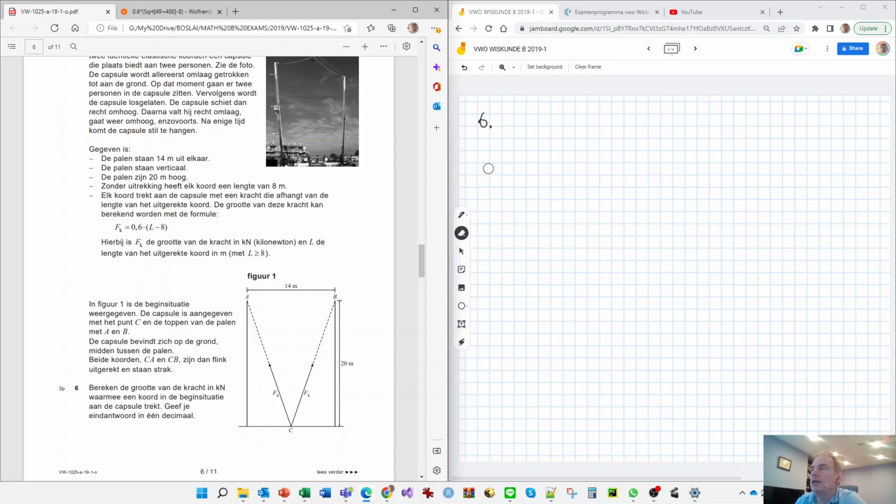Well, we just have to apply this equation here and figure out what L is. See, this L is of course increasing because you're stretching these ropes here.